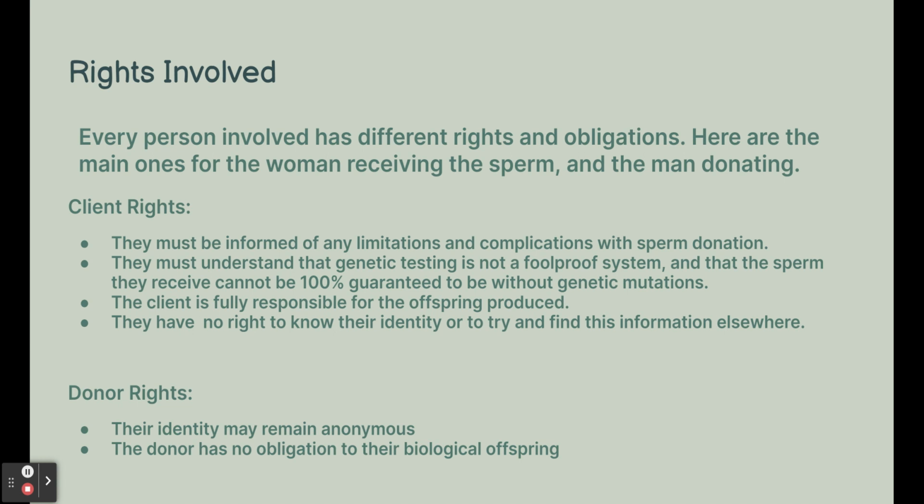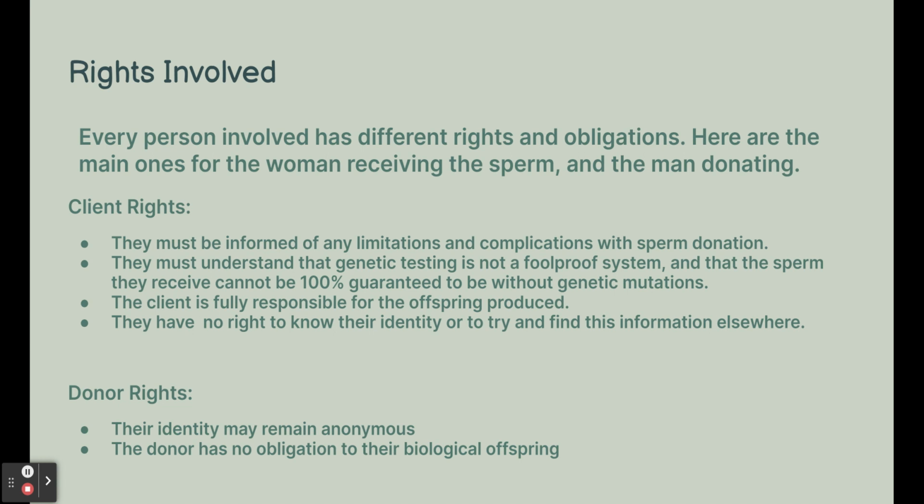They also must understand that genetic testing is not a foolproof system. And so the sperm bank cannot 100% guarantee that the sperm they use with the client is 100% without genetic mutations.